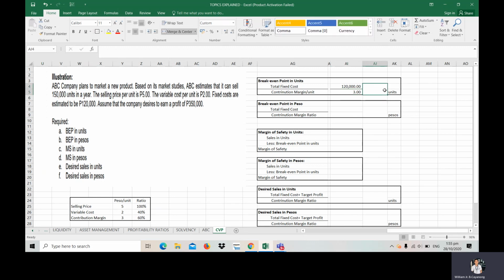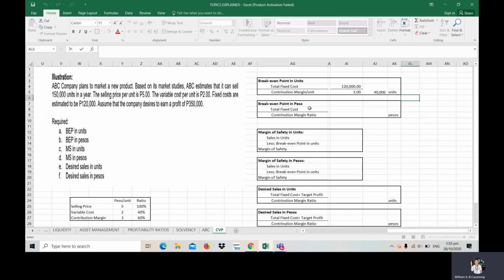Now, we divide to get the break-even point in units, which is 40,000 units, meaning we have no income and no loss. So it only breaks even.